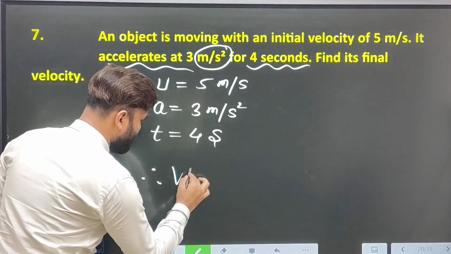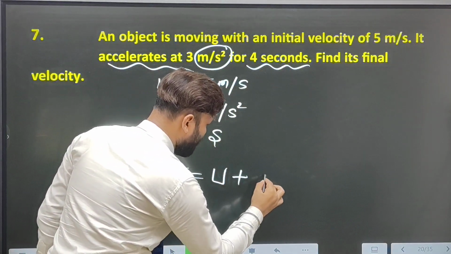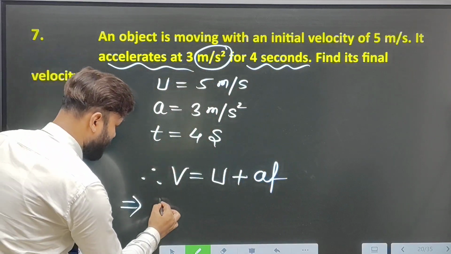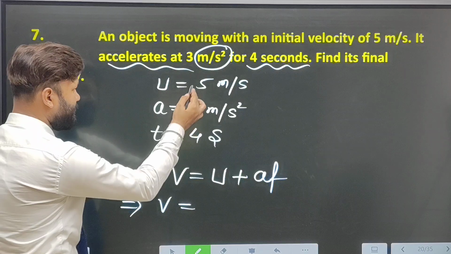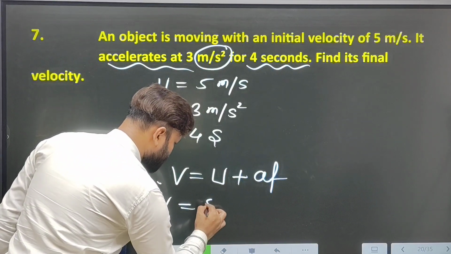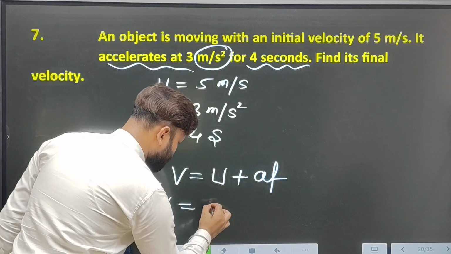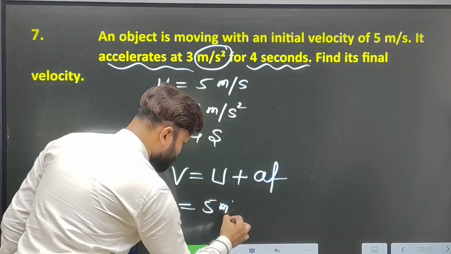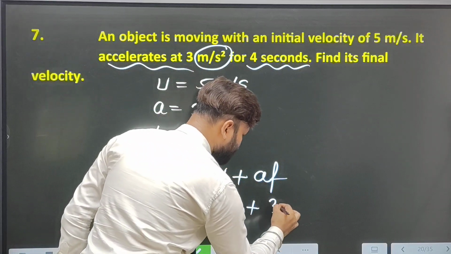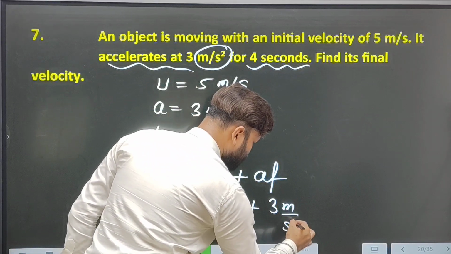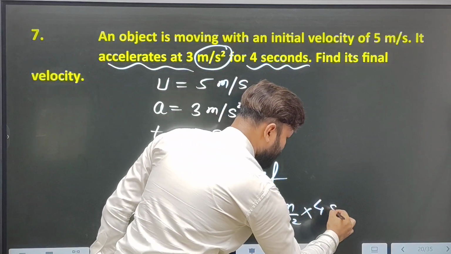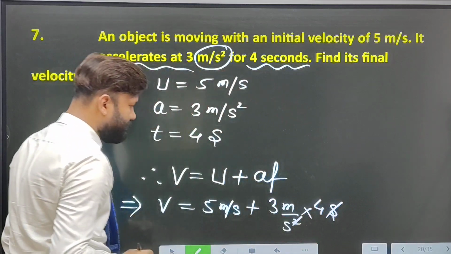No issue. Final velocity, v is equal to u plus at. V is not given. U is given, 5 meter per second, plus a is given, time is given, 4 seconds. 1 second and 1 second cancel.